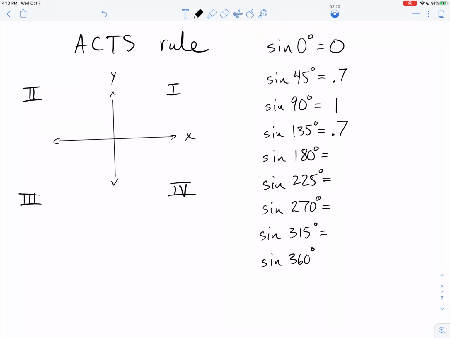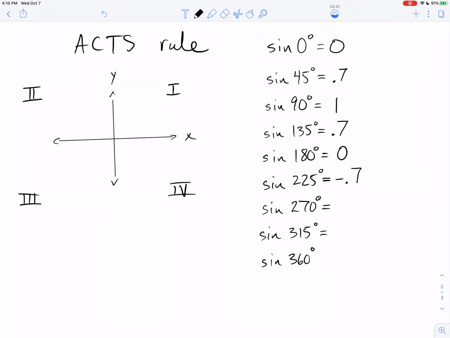Now, sine of 180. If you punch that into your calculator, you're also going to notice that it's 0. Sine of 225. Now here is something interesting. Sine of 225 is that exact same huge decimal, but this time it's negative 0.7.